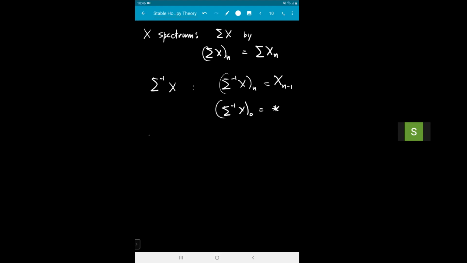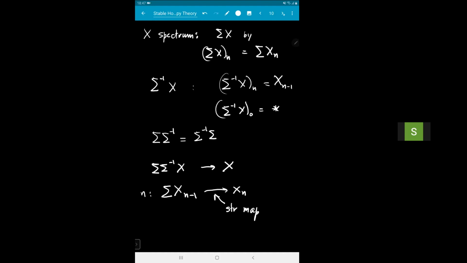Okay. So now you see that if I define it like this, Σ^{-1} is the same functor as Σ^{-1}Σ, but I also have a map from Σ^{-1}X to X, which at stage n, Σ^{-1}X gives you ΣX_{n-1}, and at level n it's X_n, and this is just the structure map.